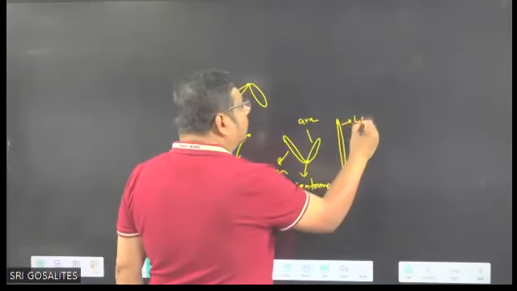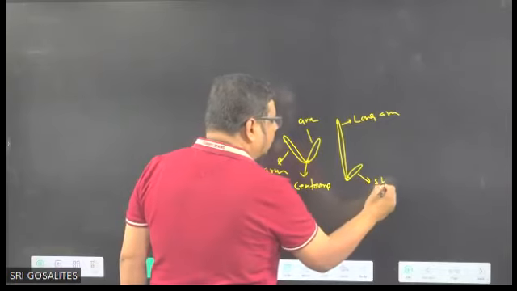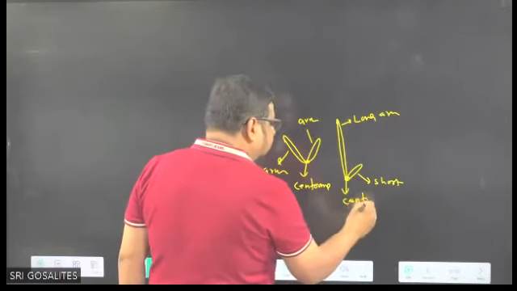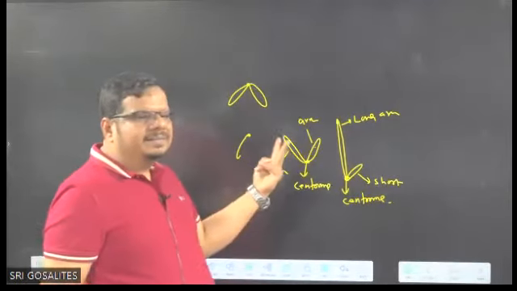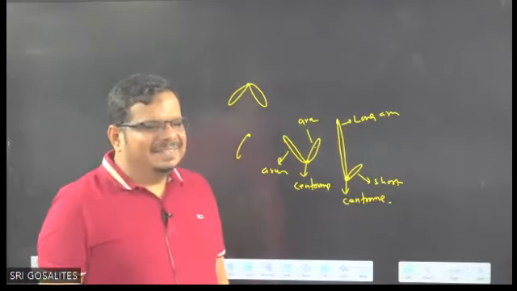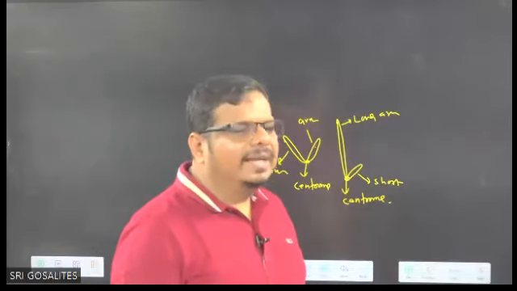These are the long arm, and these are the short arm. And this is the centromere. So this chromosome looks like a V shape, na? And this chromosome looks like an L shape, na? Does it look like that or not? One looks like V, the other looks like L.